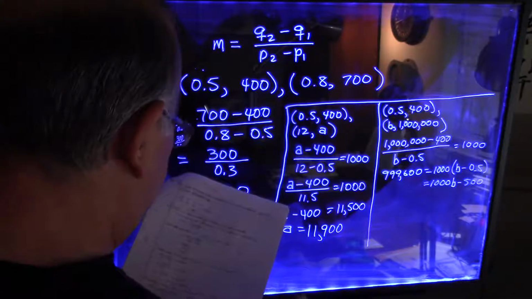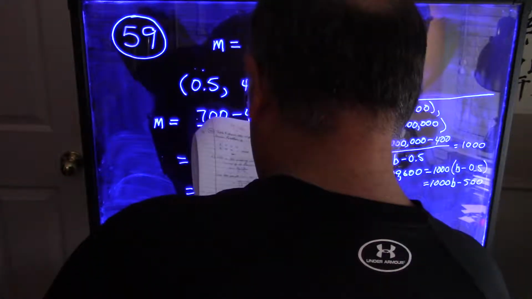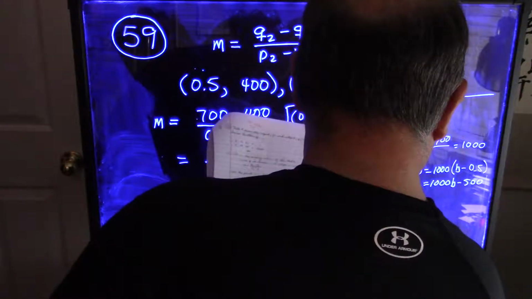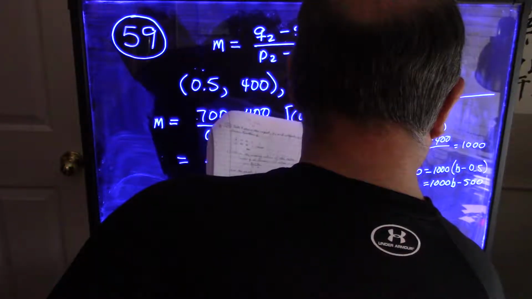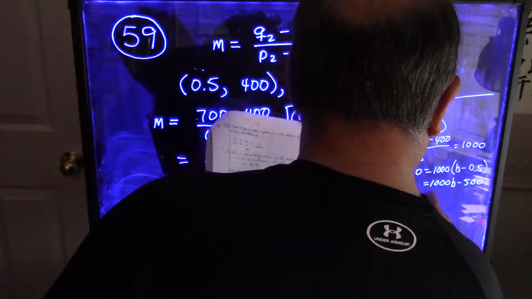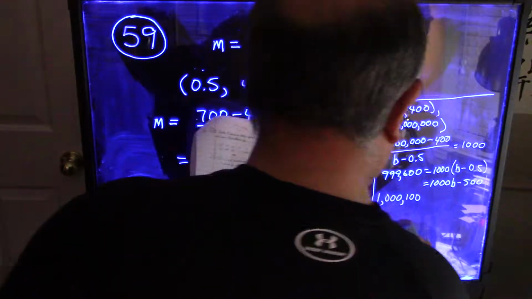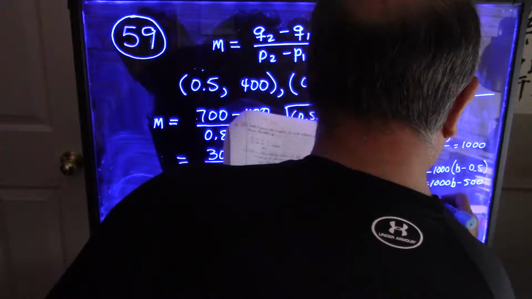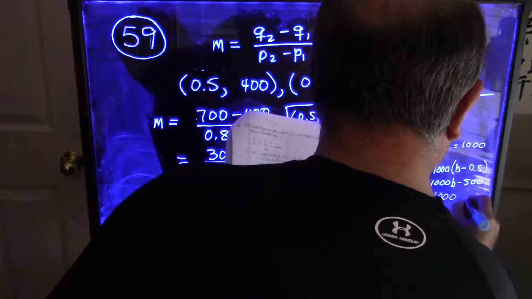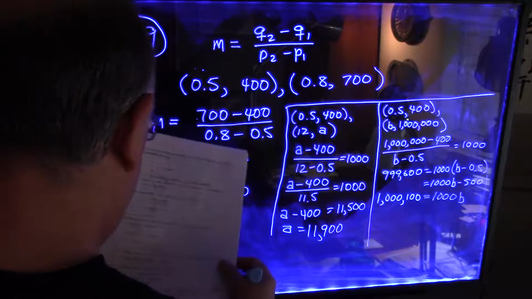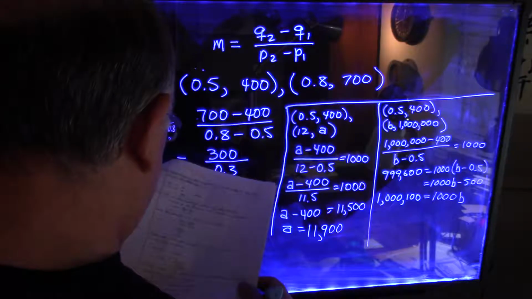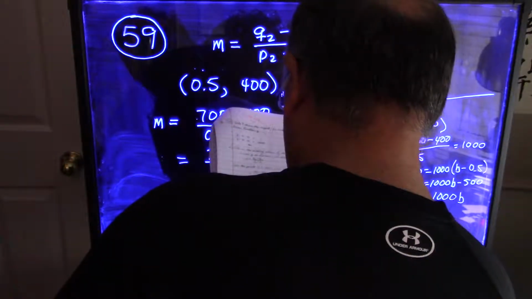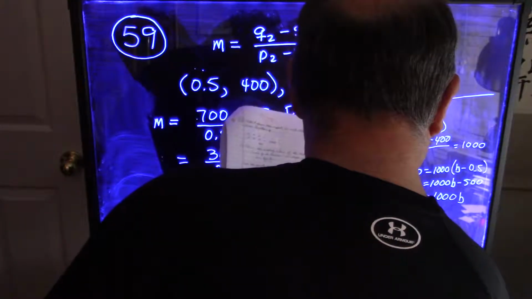Okay, so you add 500 to both sides, you get 1,000,100, so 1,000,100 is equal to 1,000b. And so you divide both sides by 1,000, you get b equals 1,000.1.